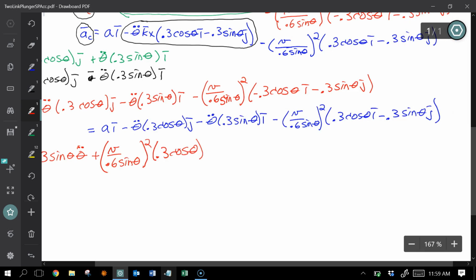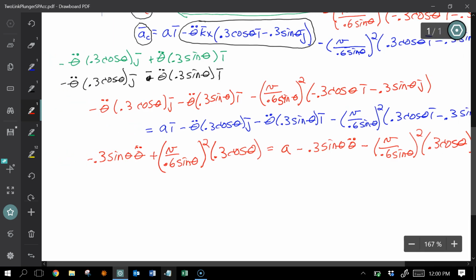That's all the i's on the left. On the right hand side, you have an a minus 0.3 sine theta, theta double dot, and a minus v over 0.6 sine theta squared times 0.3 cosine of theta.